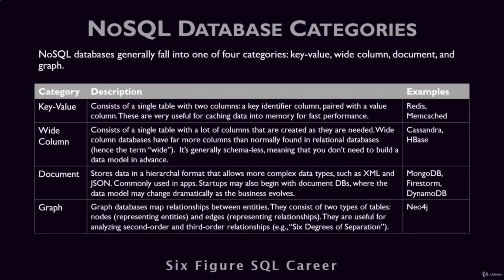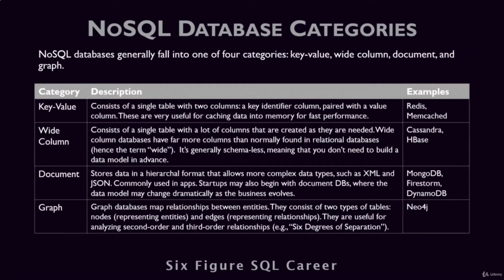You have nodes, which represent your entities, for example a president's node and a state's node, and then you have edges, which represent a relationship. As you recall before, I had my home state joined to the state code in my example. That home state code relationship is actually stored as a separate table.